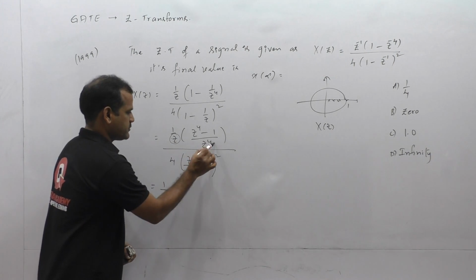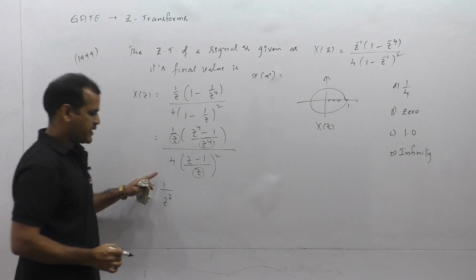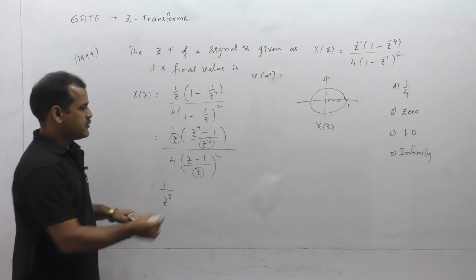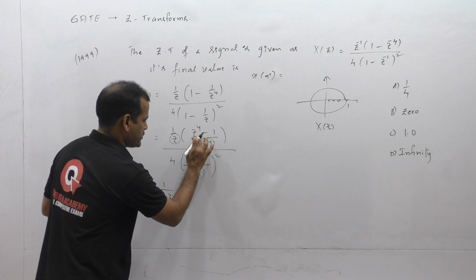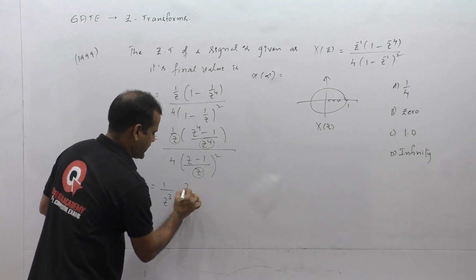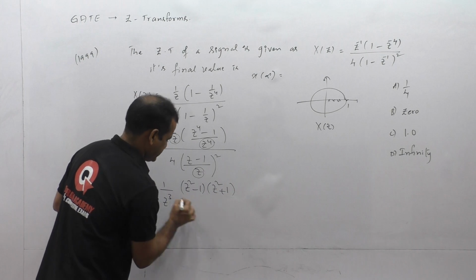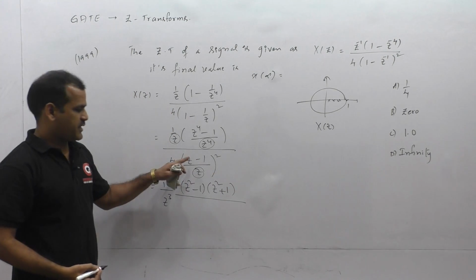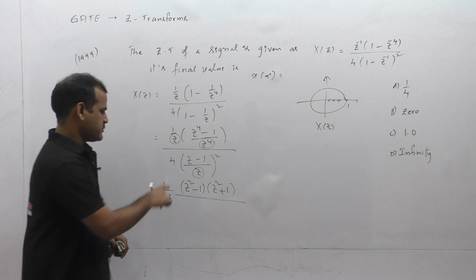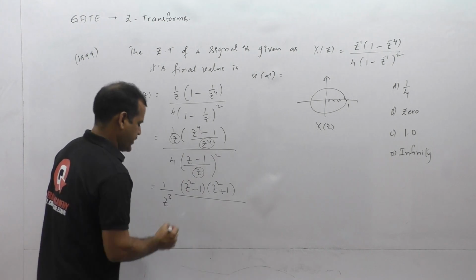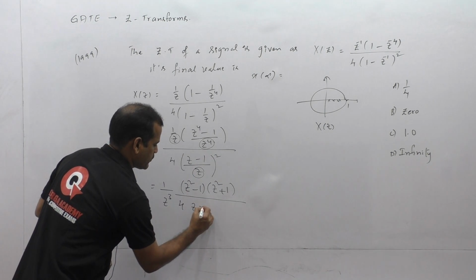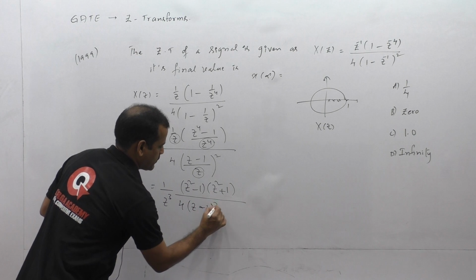From these terms, we can take 1 by z^3. So the numerator here is z^4 − 1, which I am writing as (z^2 − 1)(z^2 + 1). Further, in the denominator we have 4(z − 1)^2.